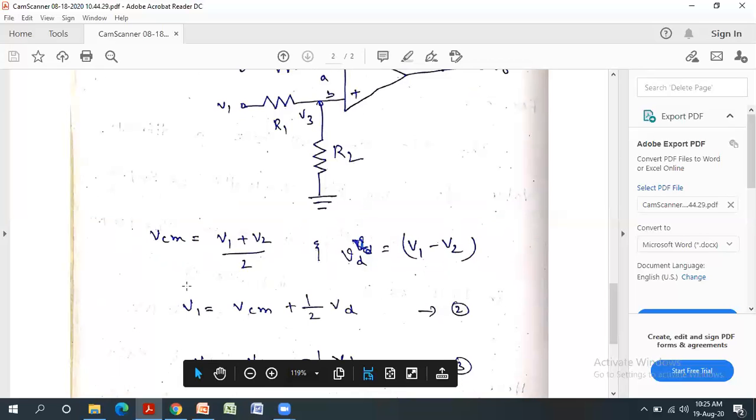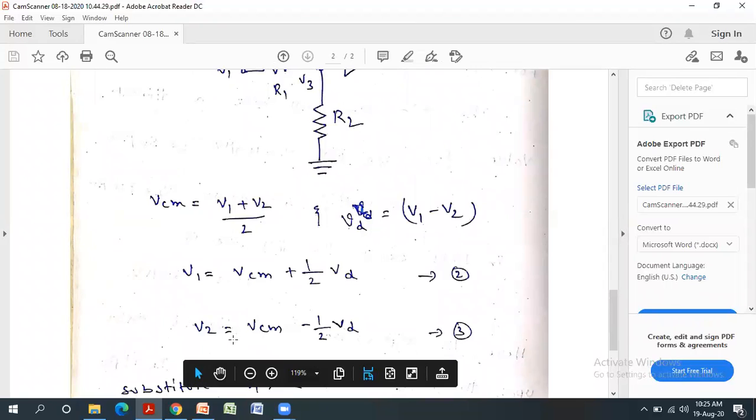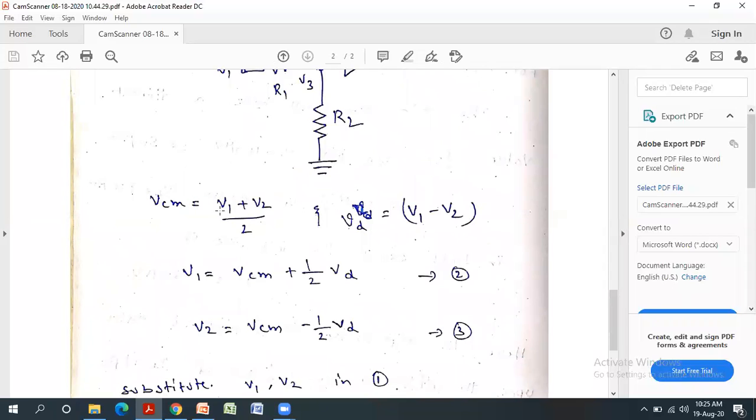If we equate both of them, VCM and VD, we can derive V1 and V2: V1 is equal to V suffix CM plus half VD, and V2 is V suffix CM minus half VD. This is the pair of equations observed from the common mode voltage and differential mode voltage.